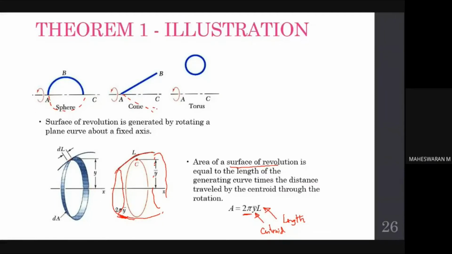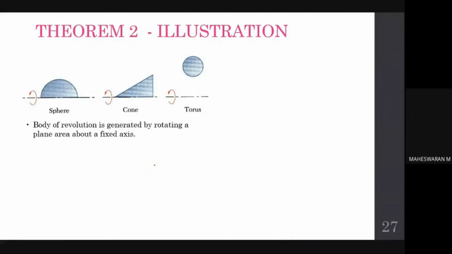Now when I go for theorem two, you have something like a curved area. You are able to see this is my area. Similarly, it is also an area, right? Previously, it was just a line. Now it is an area, right? So it is purely a volume. Whatever you revolve, you will get a volume.